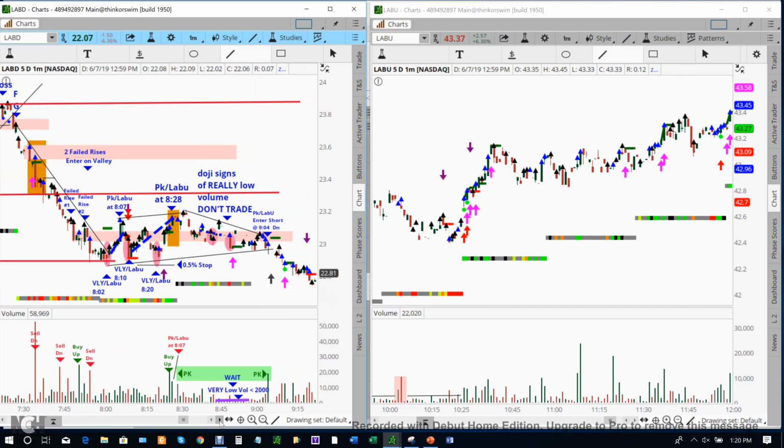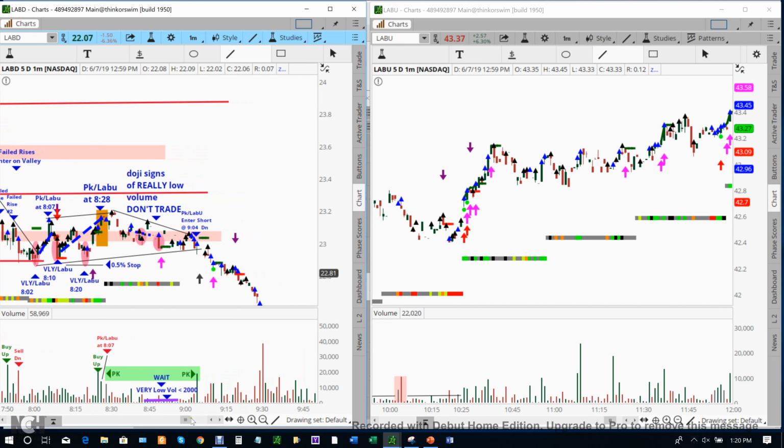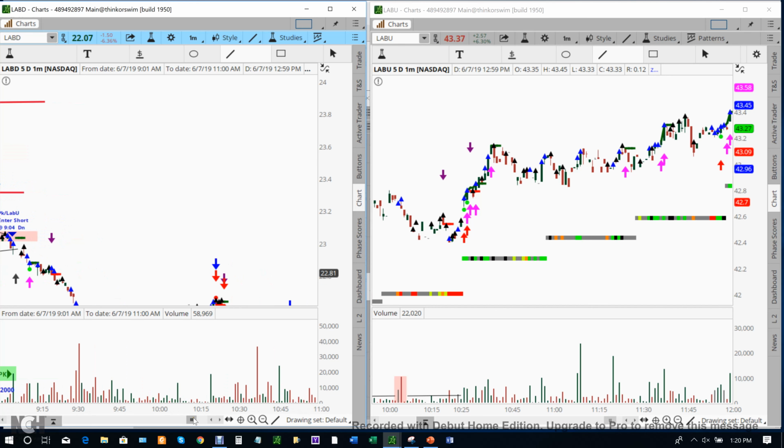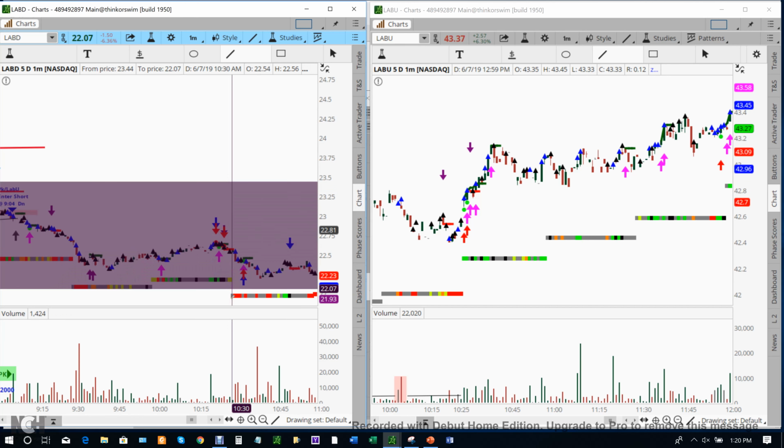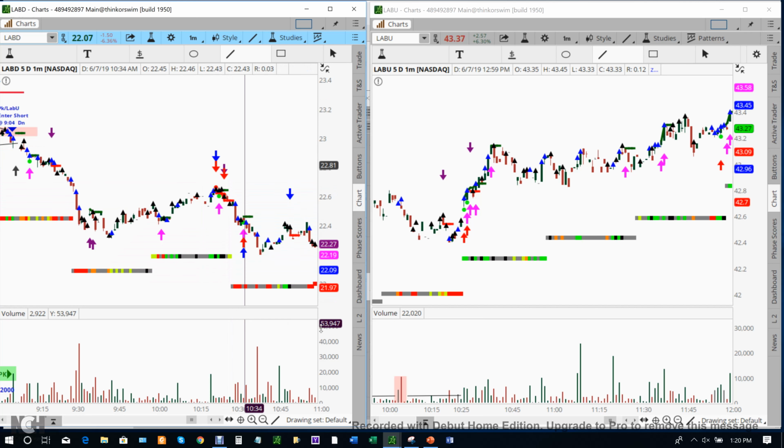And so if we come over here, look at 1022. Sure enough, okay. So Lab D has a big spike at 1022.